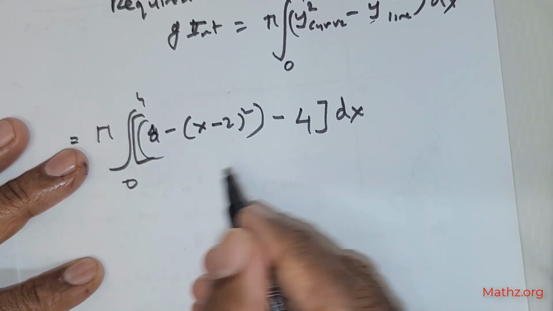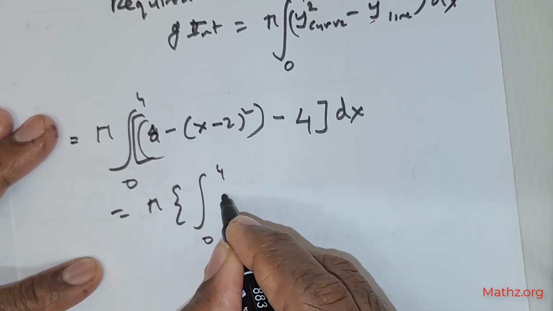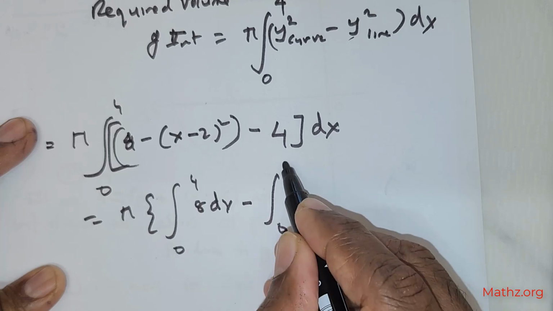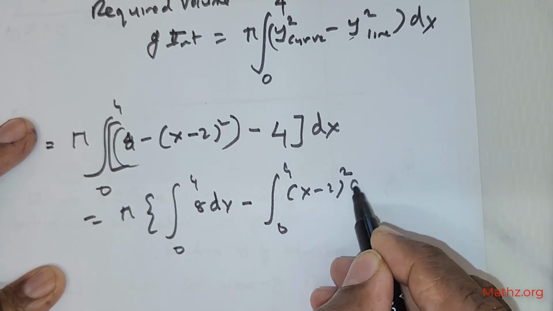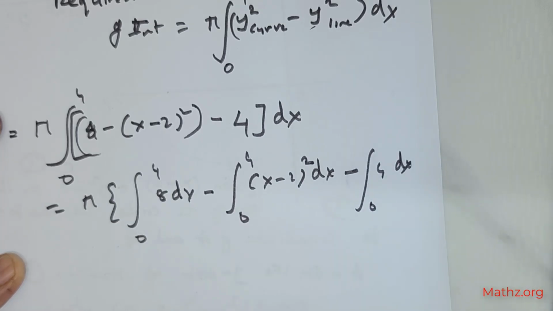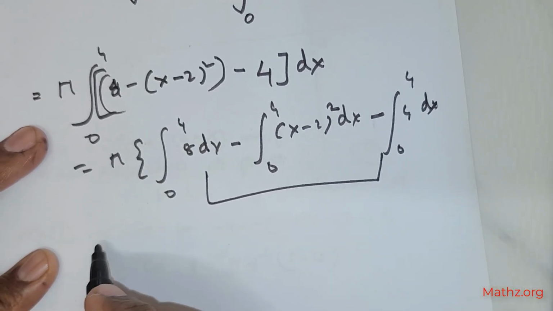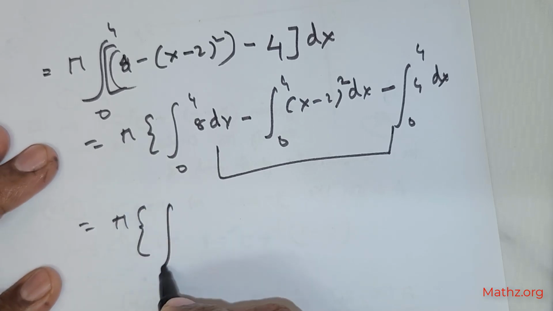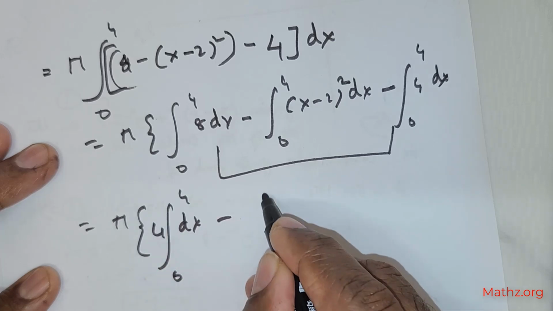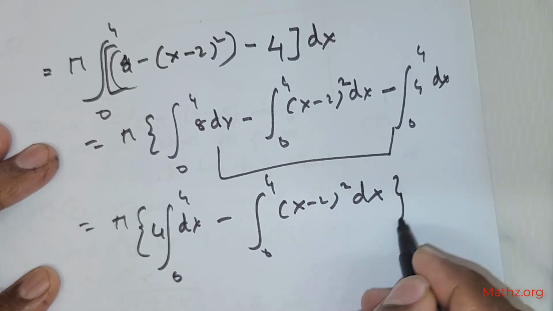So if I were to evaluate this, I can rewrite this as pi times integral 0 to 4 of 8 dx minus integral 0 to 4 of (x - 2) whole square dx minus integral of 4 times dx, right? These two can be clubbed and rewritten as pi times integral 0 to 4 of 4 dx minus integral 0 to 4 of (x - 2) whole squared dx.